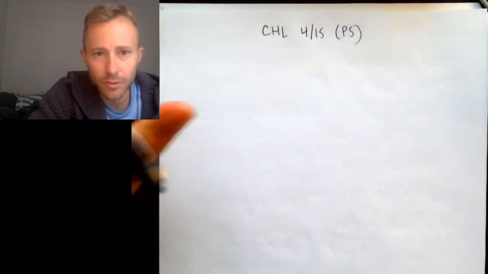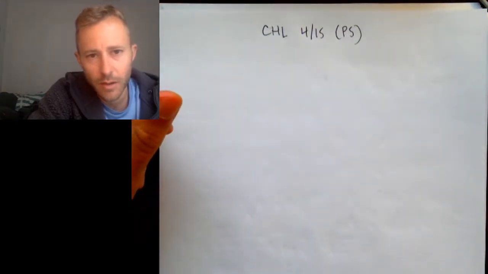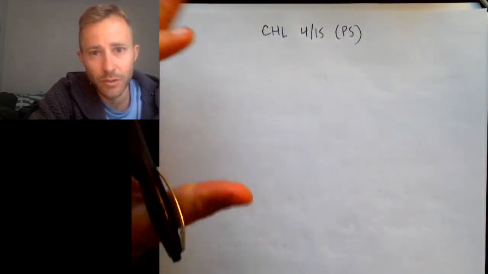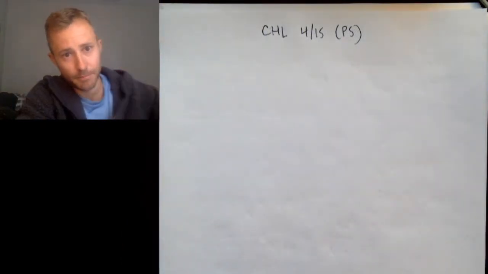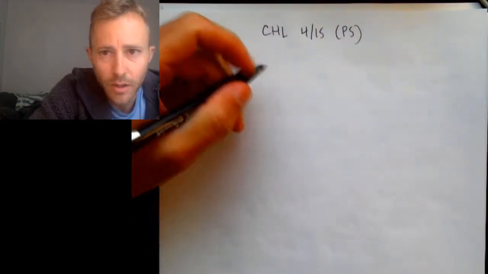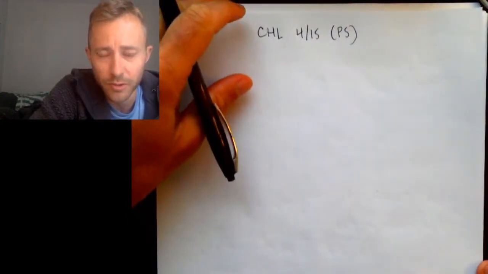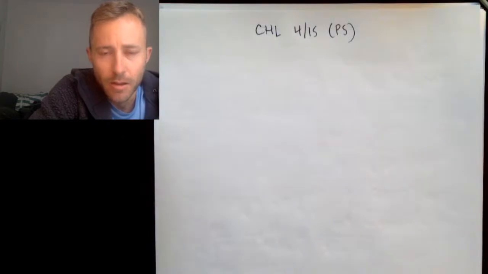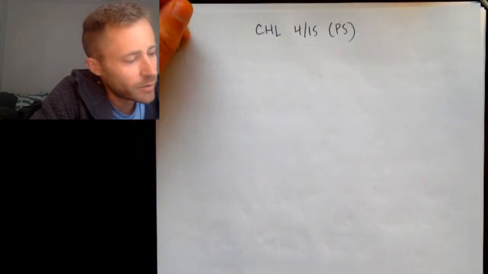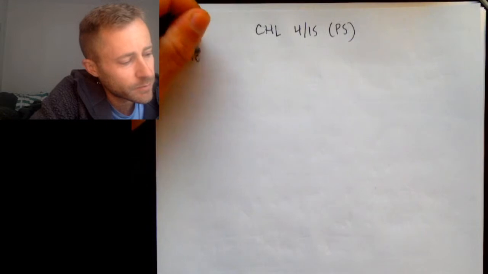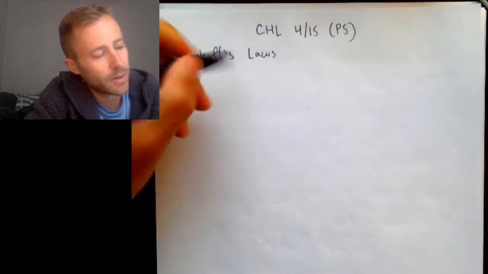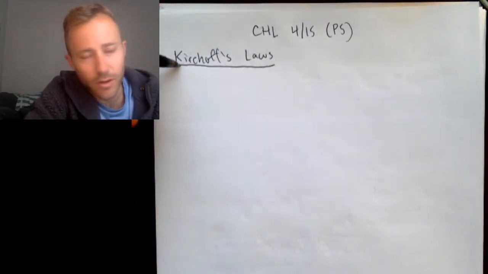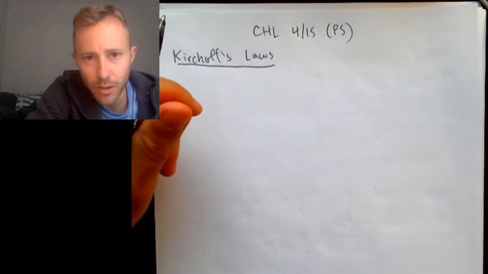I'm going to make this lesson pretty quick today because I have a lot to talk to you about in the Zoom room regarding returning to class on Monday. But this is a pretty straightforward lesson. What we're going to be talking about is Kirchhoff's laws. There are two Kirchhoff laws.